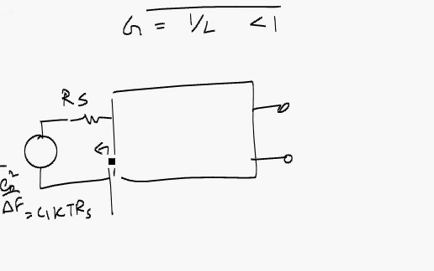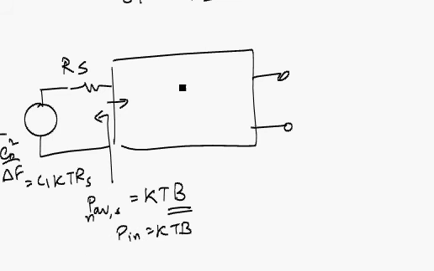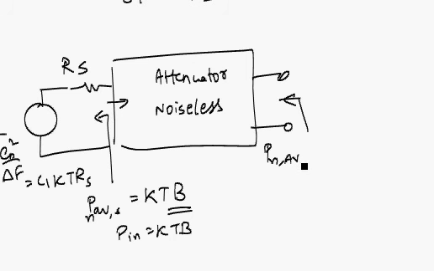Now we know from the analysis in class that the noise power available from the source is equal to kTB, where B is the observation bandwidth. All that power goes inside, so now your input power is equal to kTB. Assuming that this attenuator is completely noiseless, the only noise coming in from this resistance Rs, what is the P noise available at the output when the attenuator is noiseless?